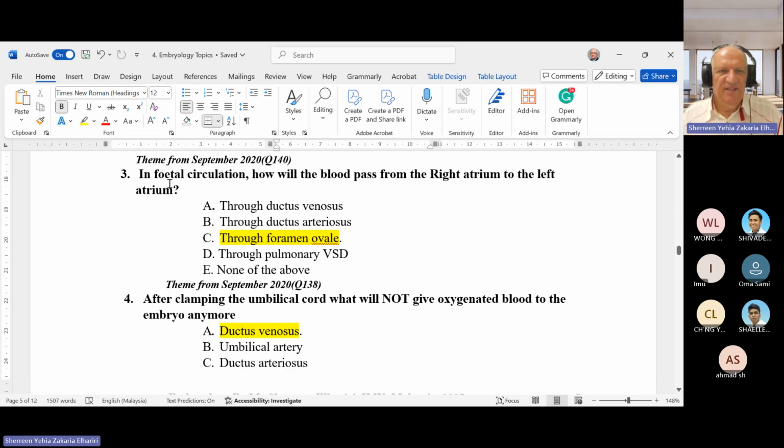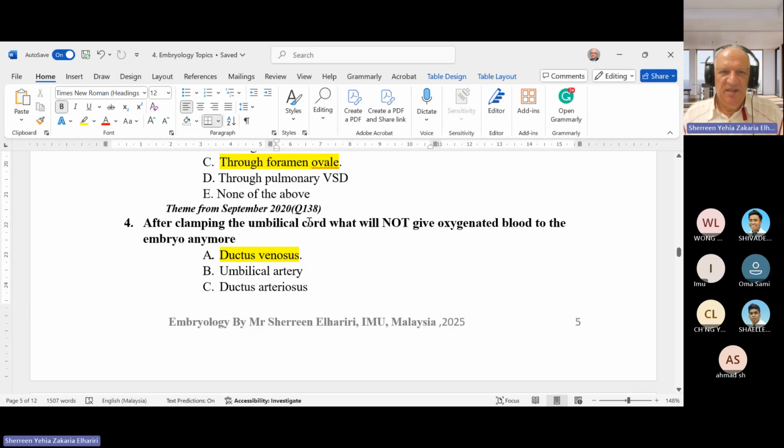In fetal circulation, how does the blood pass from the right to the left atrium? Of course, they have an opening because the blood doesn't go to the pulmonary circulation. So it is the foramen ovale. After clamping the umbilical cord, what will no longer give oxygenated blood to the embryo?